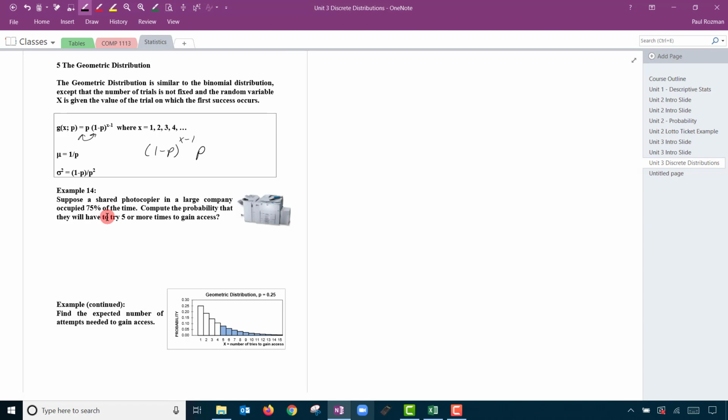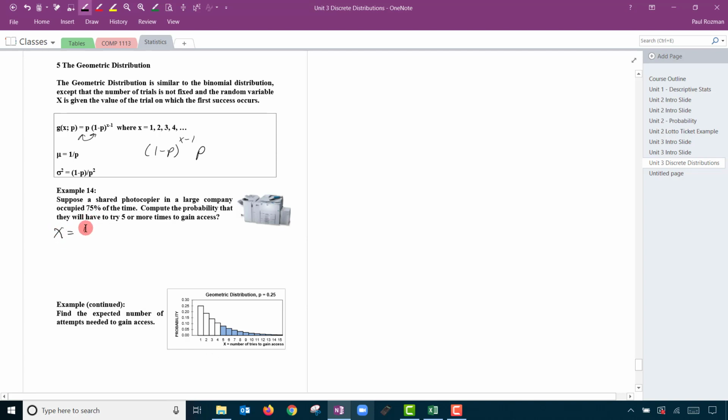And I do this until finally I get to the photocopier and yay, it's open. I get to photocopy. What's the probability that it will take me 5 or more trips to the photocopier before I finally get my copying done, if that thing is busy 75% of the time, which it does seem like it is? I'm not bitter or anything.